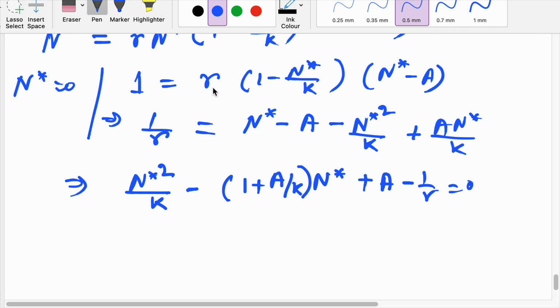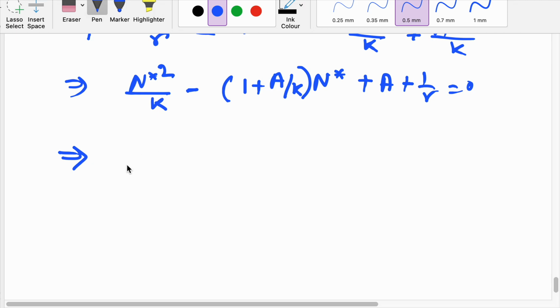Let me recheck it: 1 by r, so this will be n star minus a, minus n star by k, and plus a n star by k.